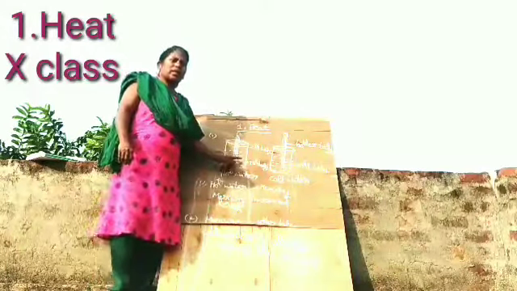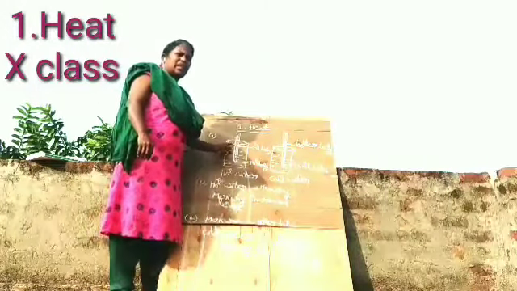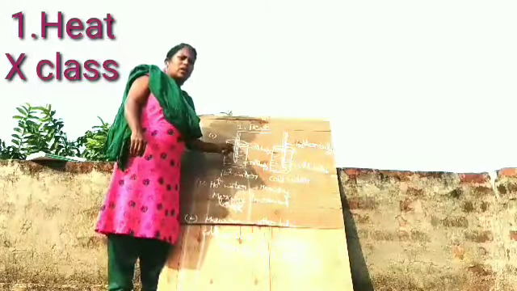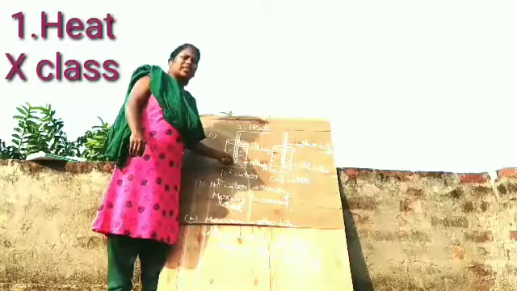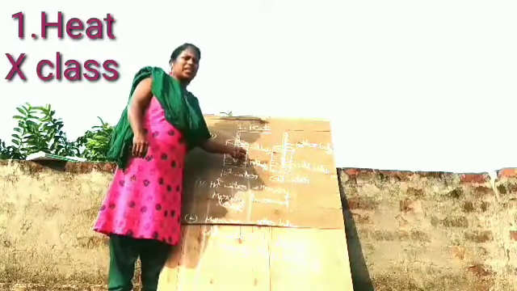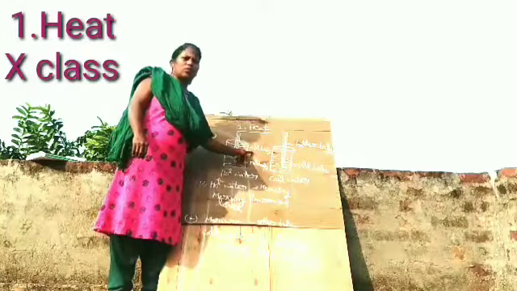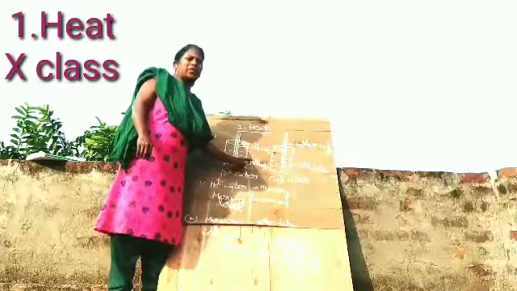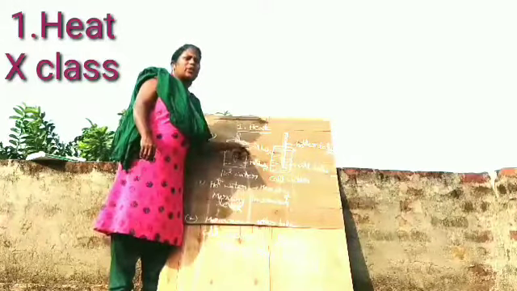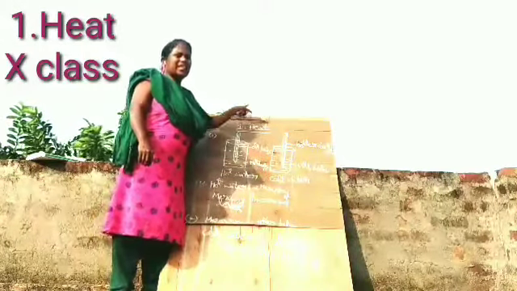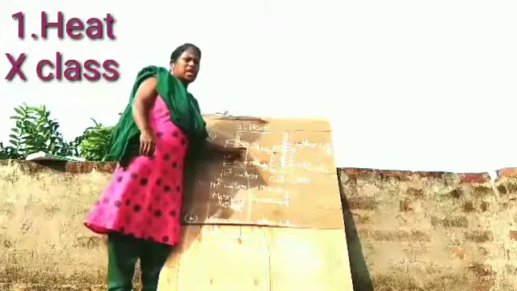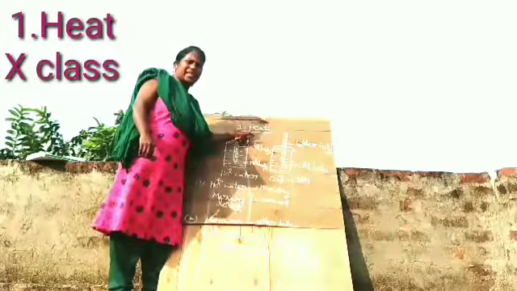Water is the hot body. Heat flows from the hot body, hot water, to the cold body, mercury. That's why the mercury level is increased.